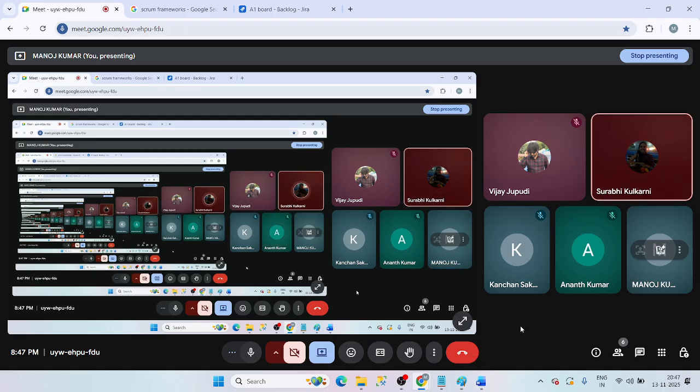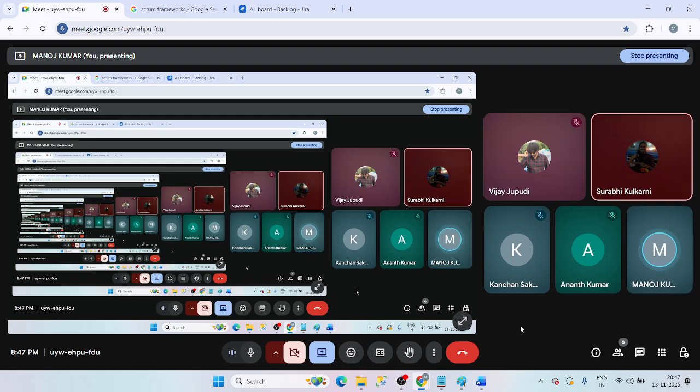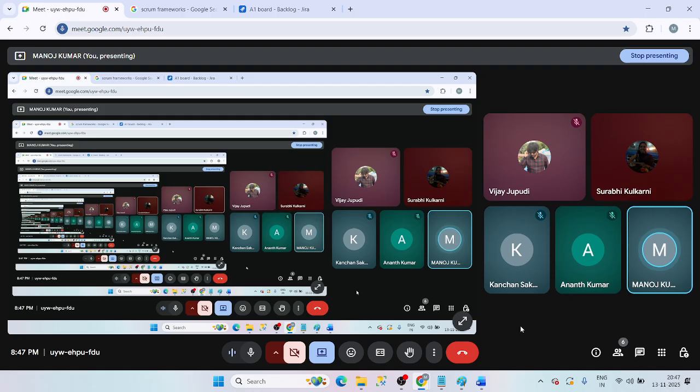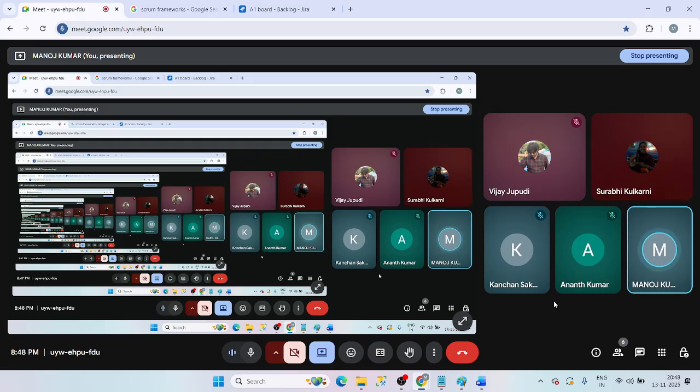Yes, Manoj. Whenever we did the refinements, we didn't have these things. Now we got them. Are we going to accept these tickets? Yes, we will accept. Previously in refinement, we didn't have these tickets. Right now in the current sprint, we got these different tickets.